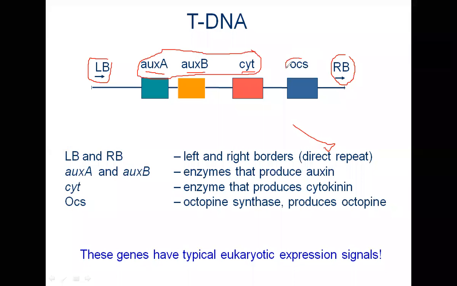And then there is an OCS gene. This gene is for opine synthesis. Opine means it can be octopine, it can be nopaline, those three. And please remember, and I am repeating once again, that these genes have typical eukaryotic expression signals.